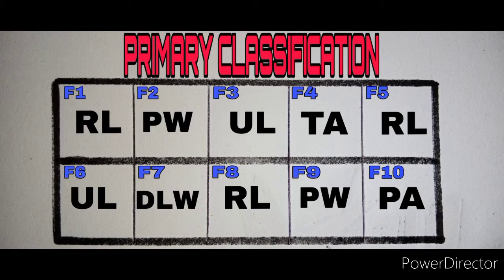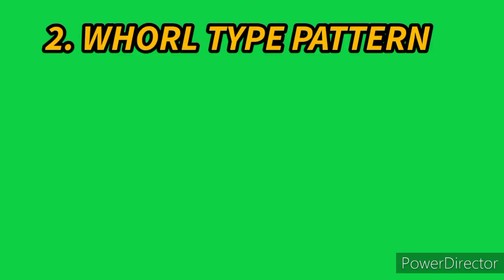In this chart, we can see that finger 1 is a radial loop, finger 2 is a plain whorl, finger 3 is an ulnar loop, finger 4 is a tented arc, finger 5 is a radial loop, finger 6 an ulnar loop, finger 7 a double loop whorl, finger 8 a radial loop, finger 9 a plain whorl, and finger 10 a plain arc.